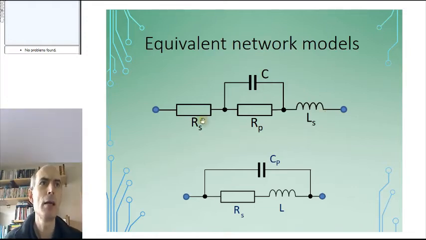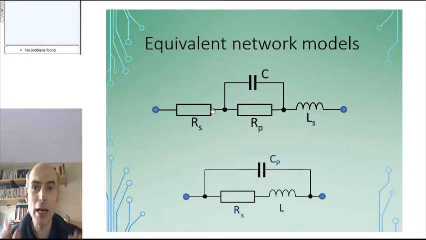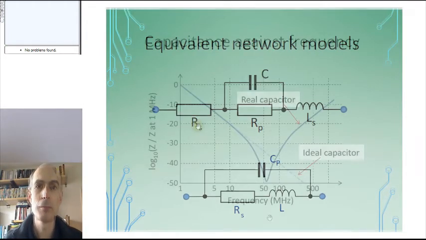And there's a series resistor, which represents the resistance of the capacitor terminals and the material the capacitor is made of. Without that component there, without the series resistor, then the impedance of the capacitor at a particular frequency, known as the resonant frequency, would be zero.